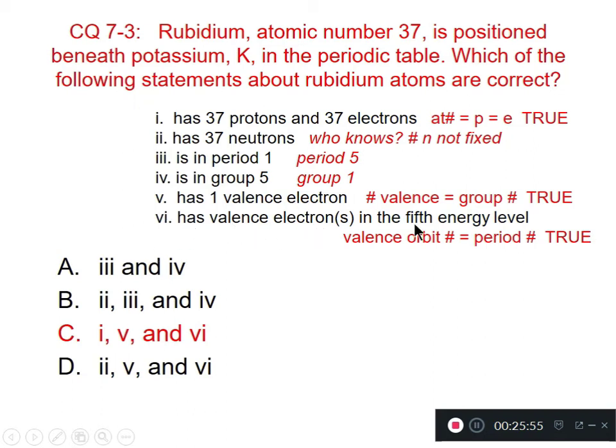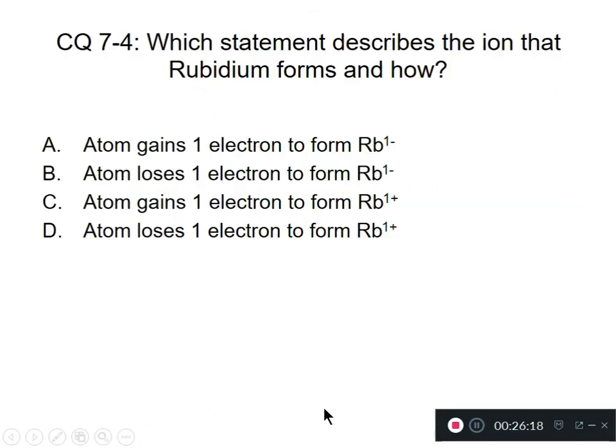The valence electrons are in the 5th energy level. I know that it's in period 5, and the energy level of the valence electrons is the period number, so that's true. So I end up with 1, 5, and 6. So actually, I would need to know its group and period before I can answer 5 and 6.